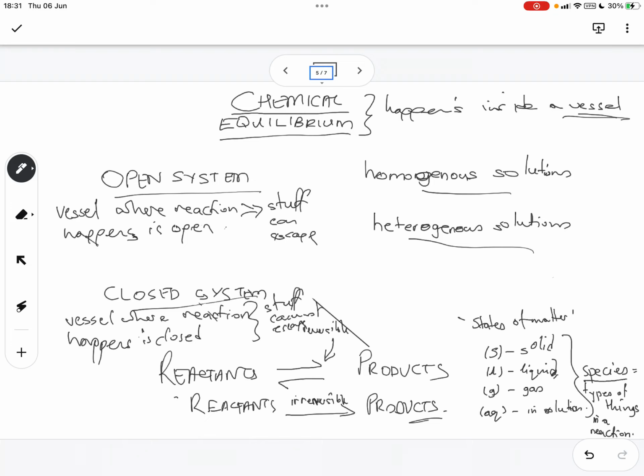Species in a reaction simply means the states of matter that either the reactants or products are in throughout the reversible reaction, right?